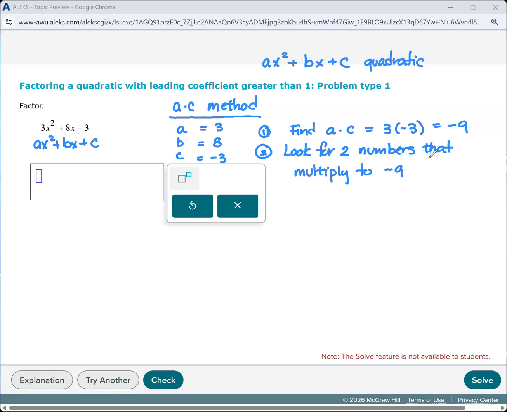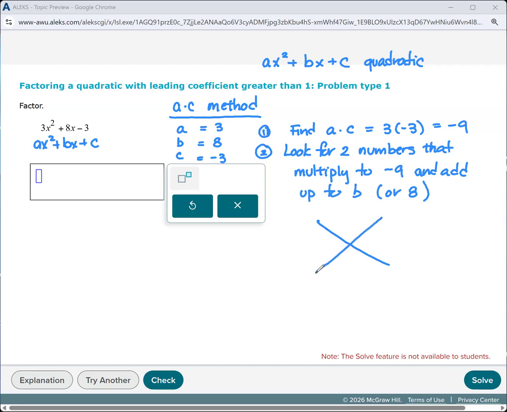So we take a times c, multiply to negative 9, and add up to b, or positive 8 in our situation. And I think I introduced this in class.